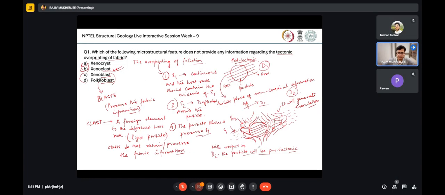The second generation of foliations, S2, will wrap around the existing particle and create granulation cleavages around this porphyroblast, because there was an existing S1 and now there is a perpendicular S2, so their superposition would definitely result in granulation.